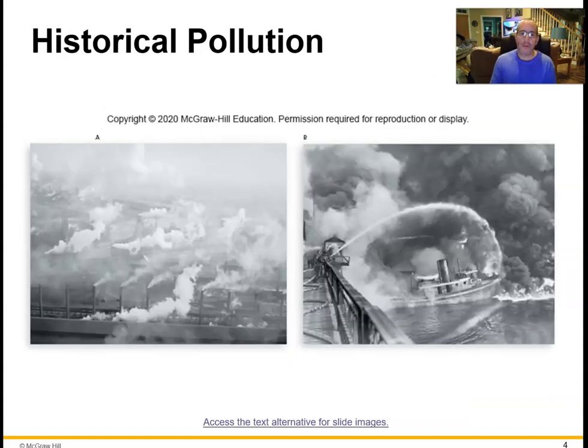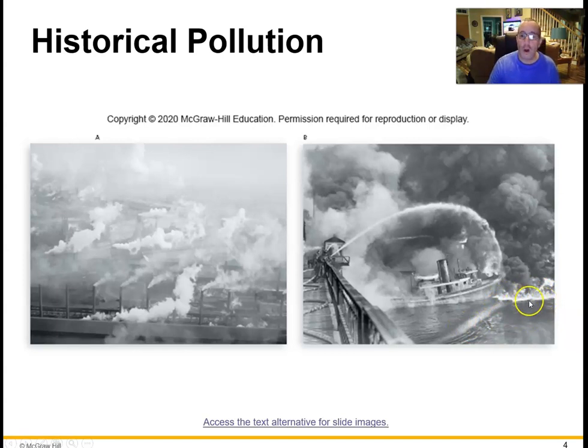Other things you see in history, these photos: air pollution on the left. On the right, I'm not sure exactly what river this is. This has happened in Chicago, and I think in Cleveland as well back in the day. It looks like they're just putting out a fire on this boat, but actually the river's on fire. There were so many chemicals in the rivers in these cities that at times they would catch on fire.